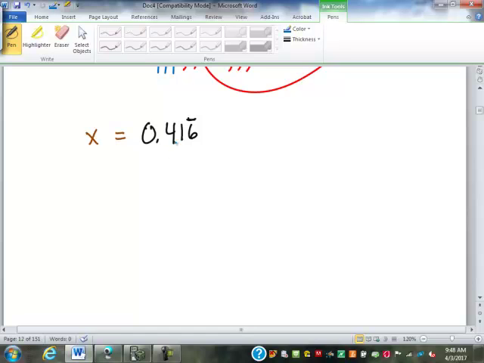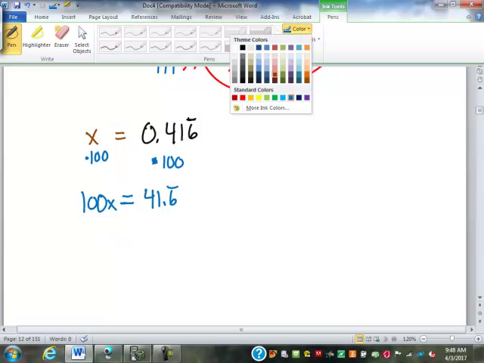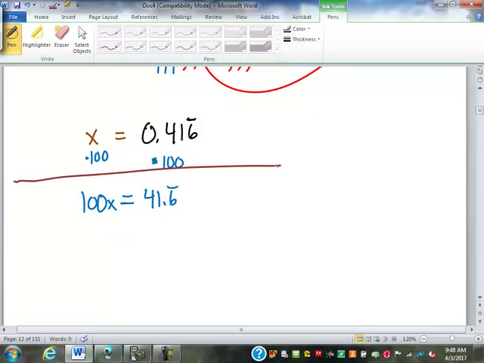So here I've got two places that do not repeat. So I'm going to multiply by 100 there to make that 41.6, so the 6 repeats. So I multiply by 100 here, so I have 100x. So that's where I'm starting, at 100x equals 41.6.